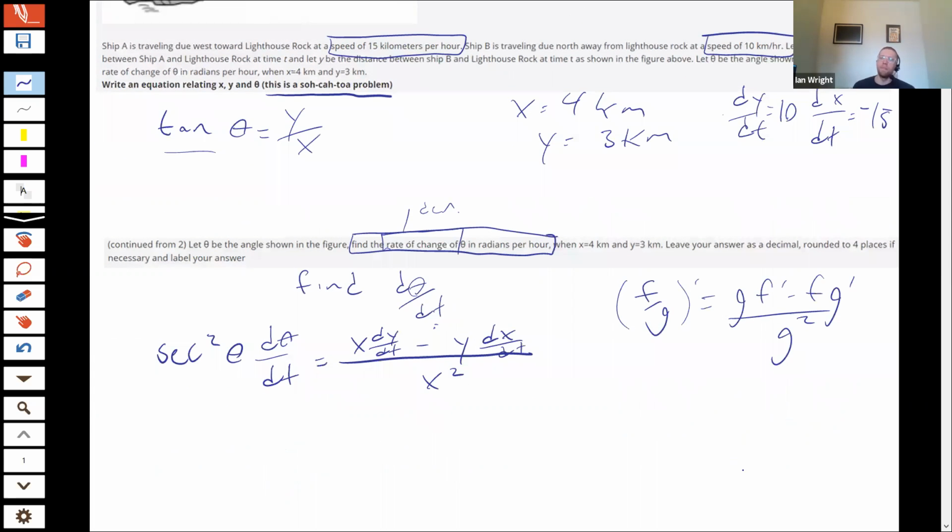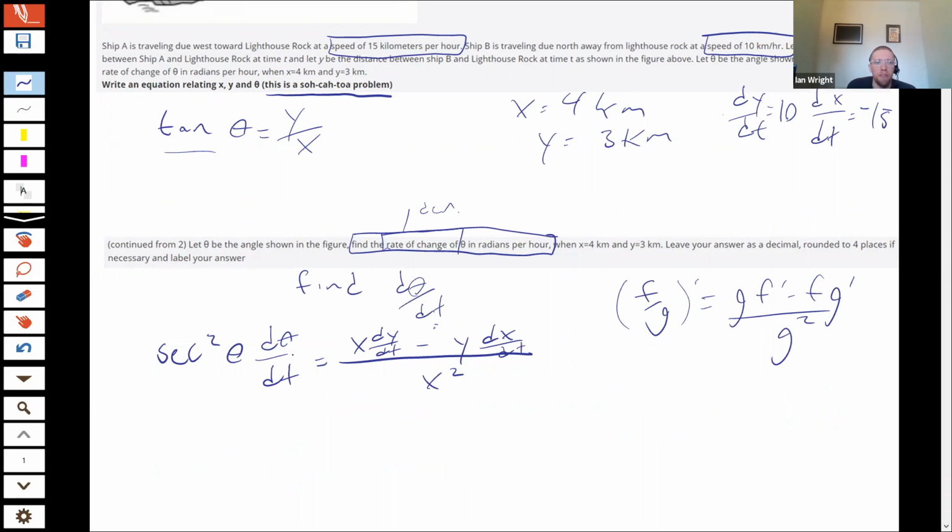What's my next step? So I have an equation. I took the derivative of both sides. Yeah, we're going to start plugging stuff in.